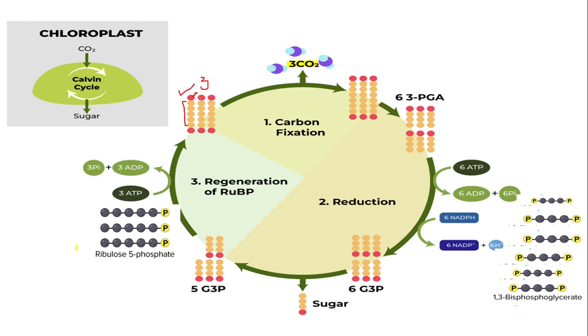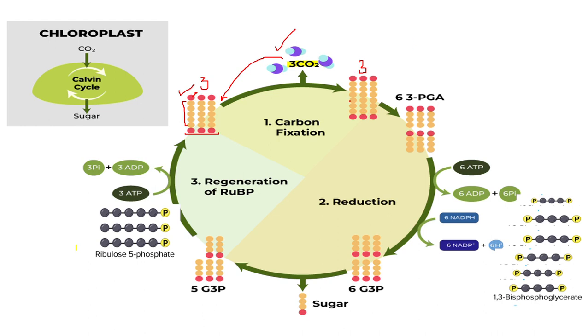So the reaction between the RuBP, ribulose bisphosphate, and the carbon dioxide molecule will be carried out in the presence of Rubisco, and there will be the formation of an unstable 6 carbon compound. The 3 carbons of the carbon dioxide will each attach to each molecule of RuBP, and there will be the formation of a 6 carbon compound, and in total three 6 carbon compounds are formed.